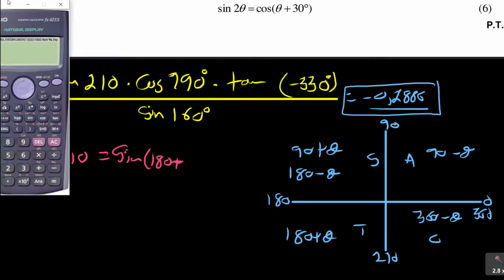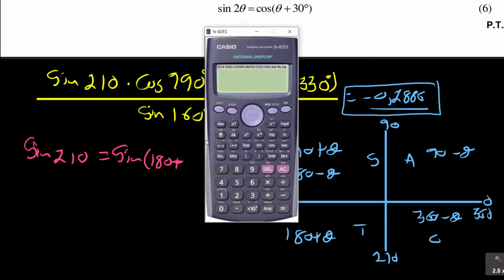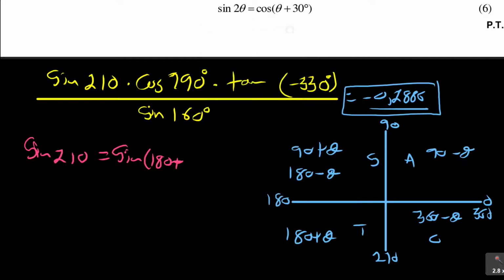That's how you get the number. Don't scratch your head, just subtract the smaller from the bigger. It gives you 30. So it's sine (180 plus 30) degrees. Now, tan is only positive there, which means sine is negative, so it's minus sine 30 degrees. See, that's that.